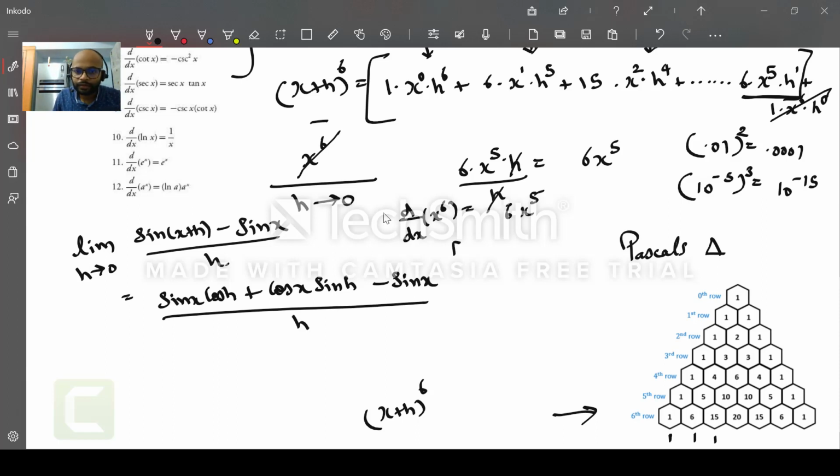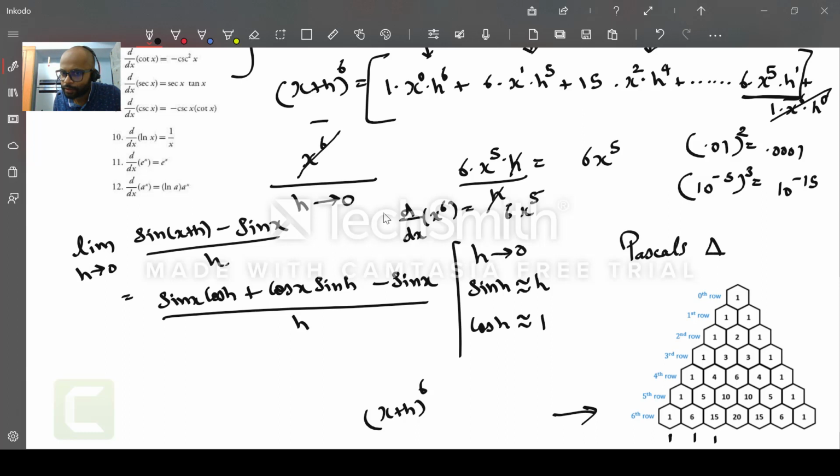Now, there's one thing you need to understand over here. If h is very less, that is, it is tending to 0, then sine of h will become almost equal to h, and cos of h will become almost equal to 1. So imagine this, it is very less. So let us say for a moment it is 0. Sine of 0 becomes 0.